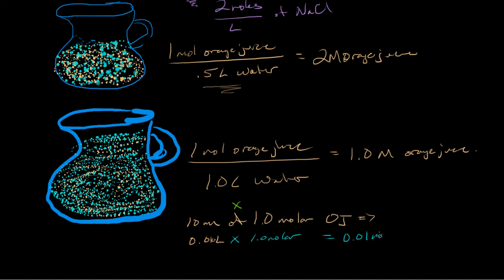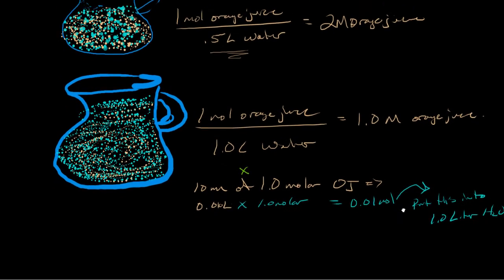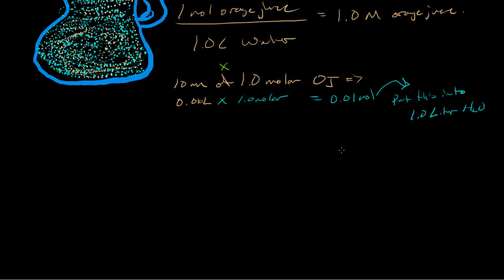we're going to wind up with 0.01 moles of orange juice. But then if we put that into 1.0 liters of water, we're going to get 0.01 mole in 1.0 liters, and all of a sudden we have 0.01 molar.